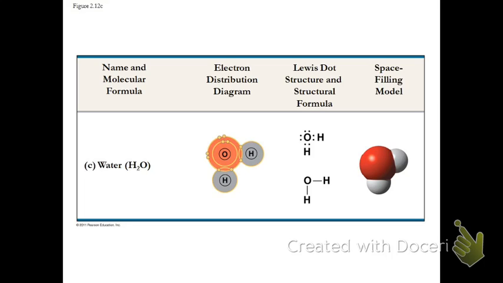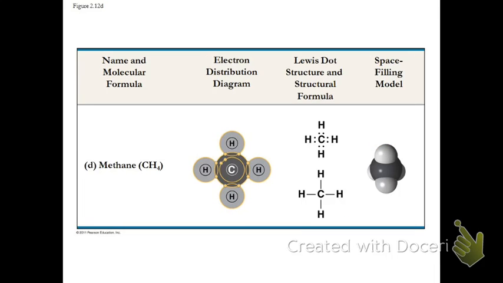Water, where this would be a compound molecule, where oxygen can form a bond with hydrogen and form another bond with another hydrogen, each single covalent bonds. Methane, where you have 1 carbon sharing 4 different electrons with 4 different hydrogen atoms, so each carbon-hydrogen bond is sharing a pair.